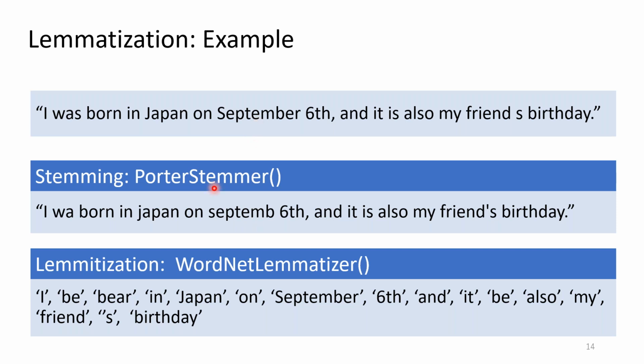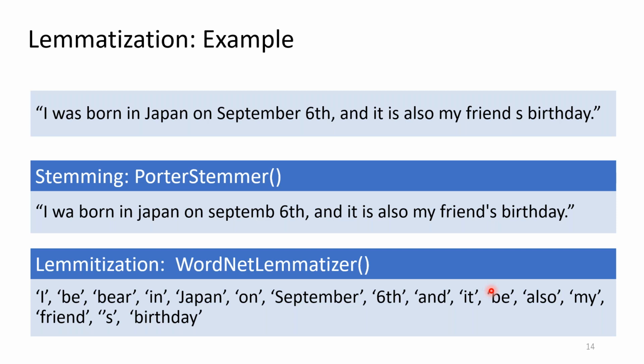On the other hand, we can apply lemmatization using WordNet Lemmatizer. Here we apply WordNet Lemmatizer to this sentence. It becomes like this. You can see was becomes be, and is also becomes be. That is, all of the words in the original sentence are transformed into a dictionary form.